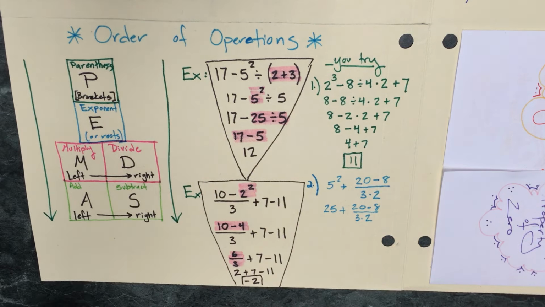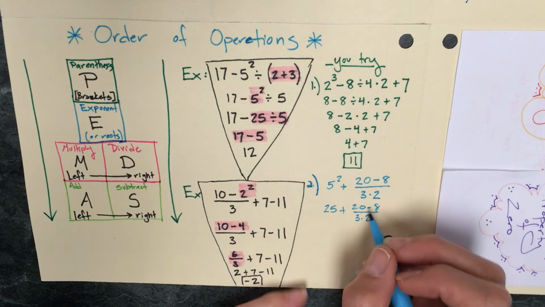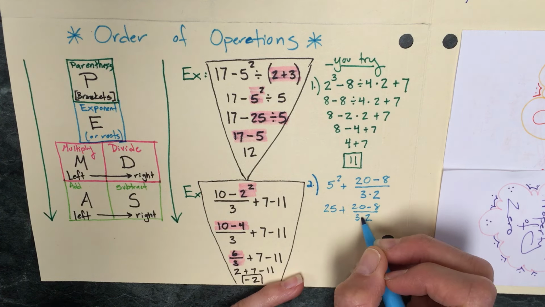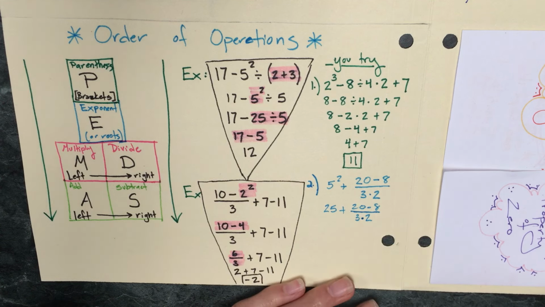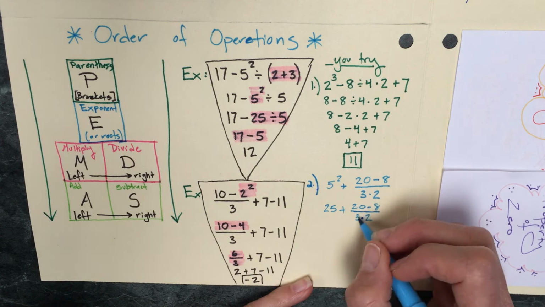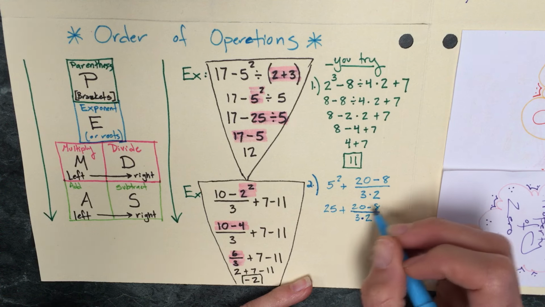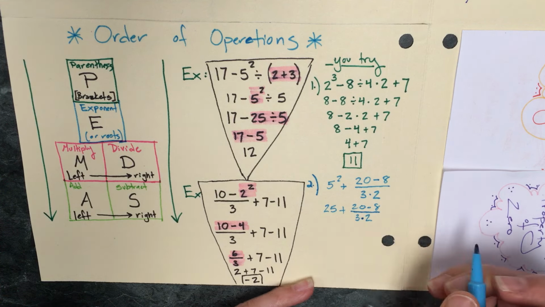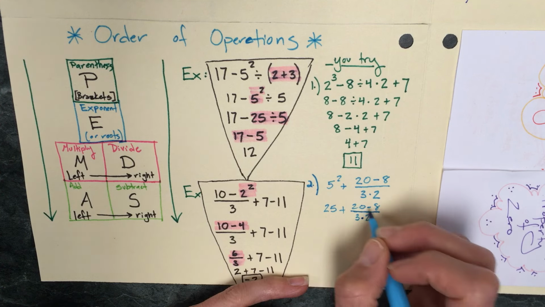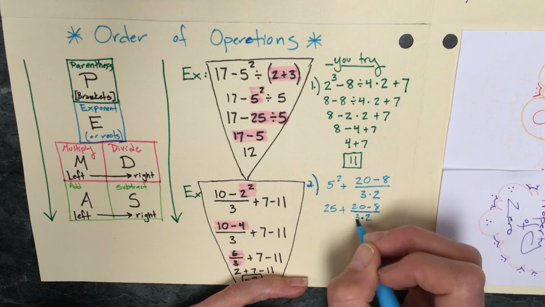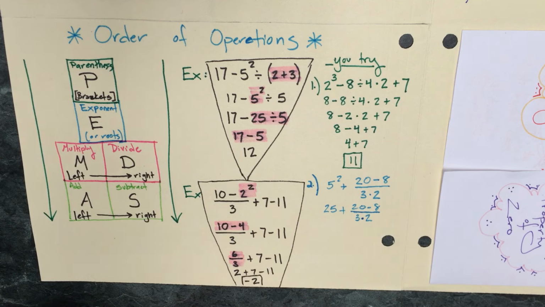Okay, so next, I want to do this division. Actually, let's do this multiplication, and then we'll work on trying to do this dividing. But if I don't know what these two numbers are, I won't be able to divide. So let's actually simplify both the top and the bottom here. So I'm going to subtract 8 from 20, and I'm going to multiply 3 times 2.